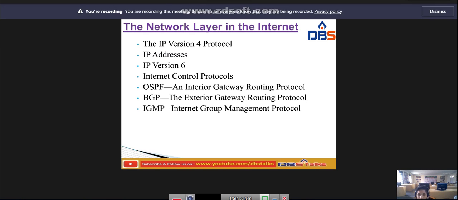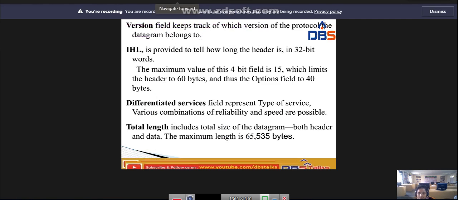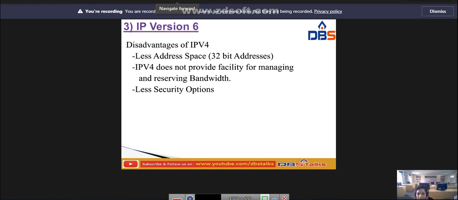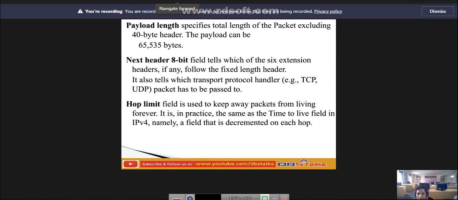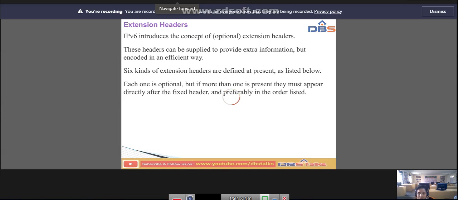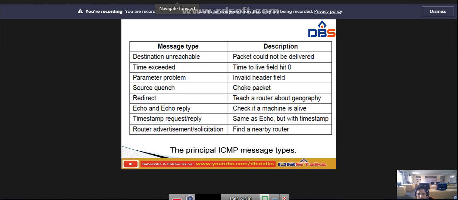So these are the different things available in the network layer in the internet. These topics will be discussed in the next video class, along with their explanations.